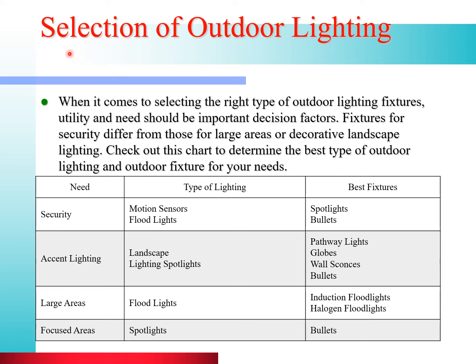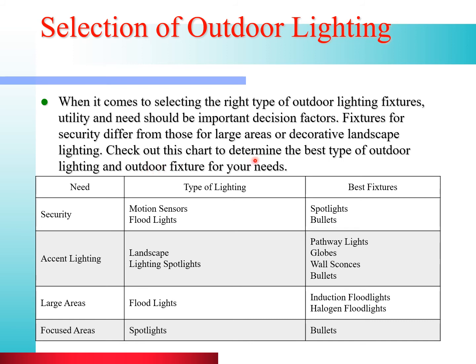Here we will see the selection of outdoor lighting. When it comes to selecting the right type of outdoor lighting fixtures, utility and need should be important decision factors. Fixtures for security differ from those for large areas or decorative landscape lighting.